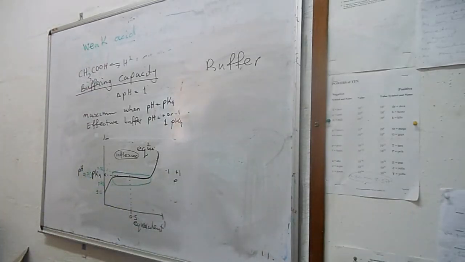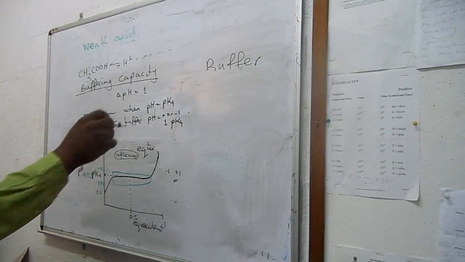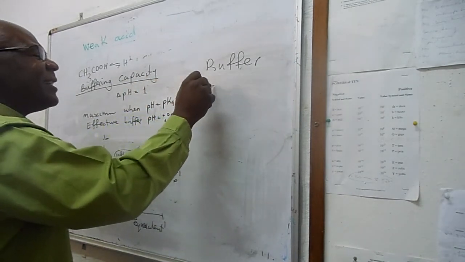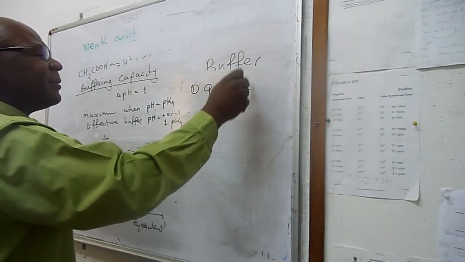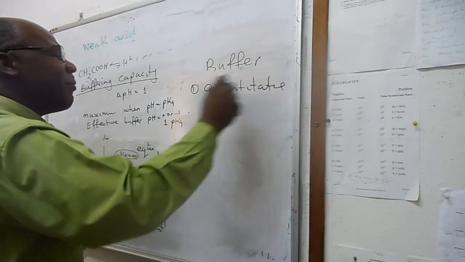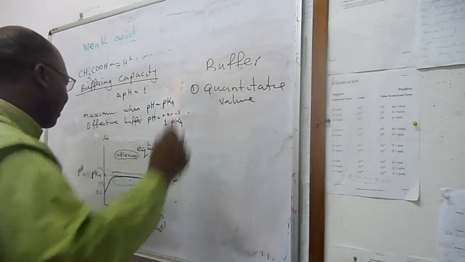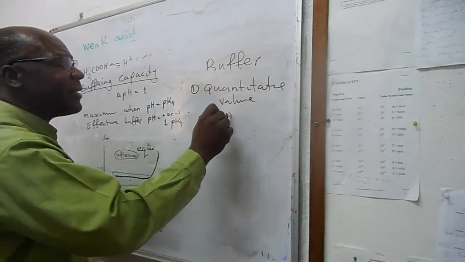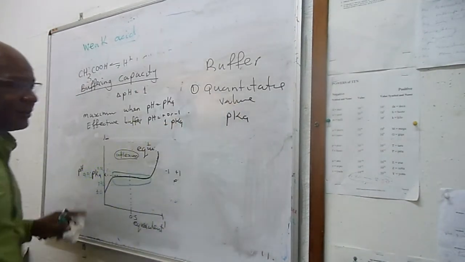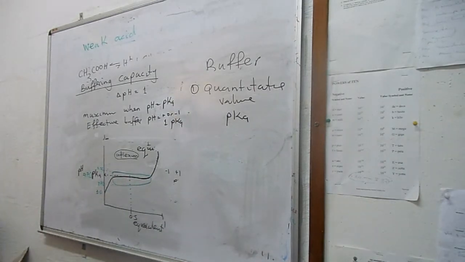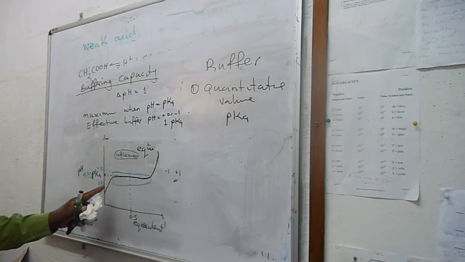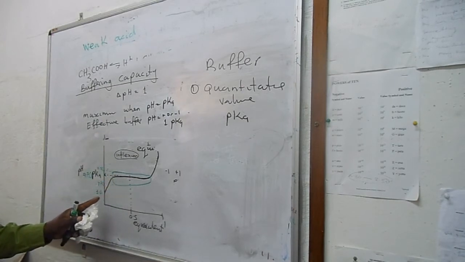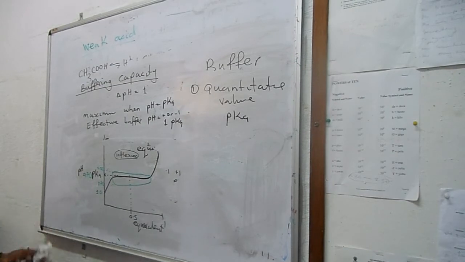Firstly, it can give us the quantitative value of the extent of dissociation. In other words, it can give us the pKa. From the titration curve, we can get the quantitative value of the extent of dissociation of the acid, which is the pKa.